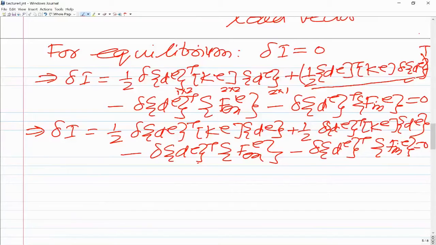We are only taking the variation, or giving the virtual change, in the unknown displacements u1 and u2. Other k is known, f external is known, f internal is also assumed to be a known quantity. So the variation is with respect to only DE.